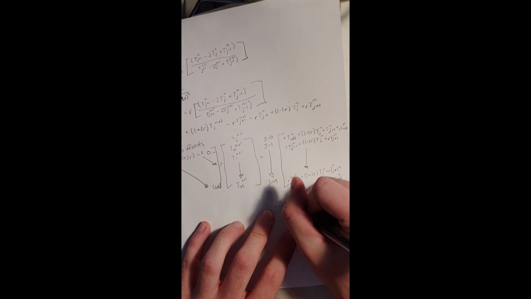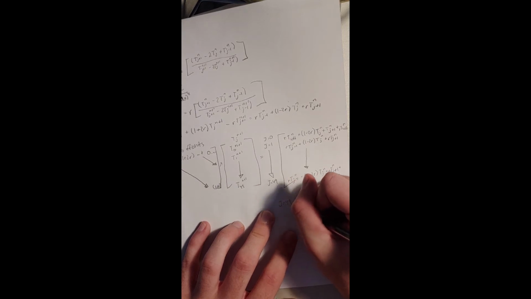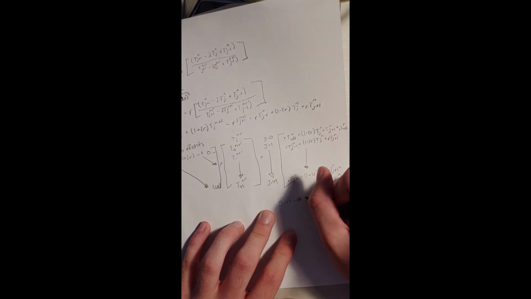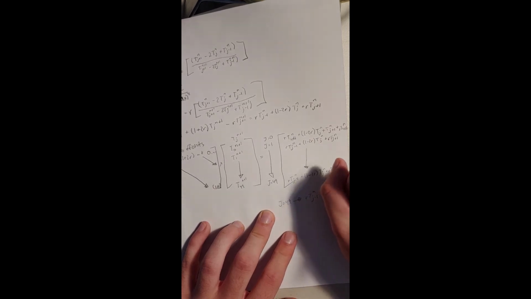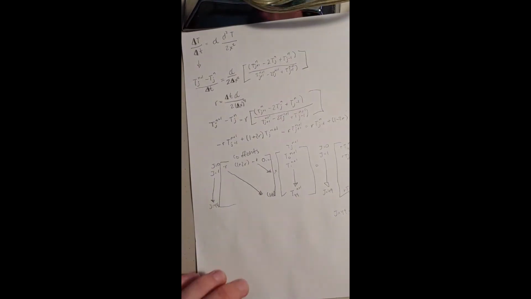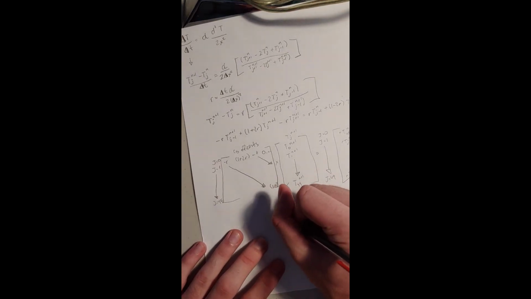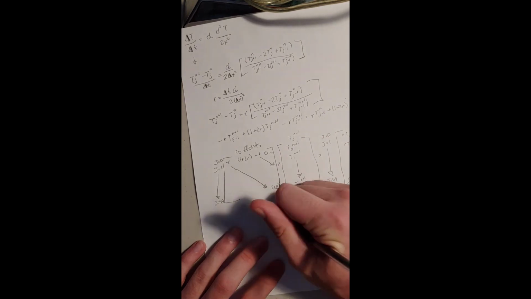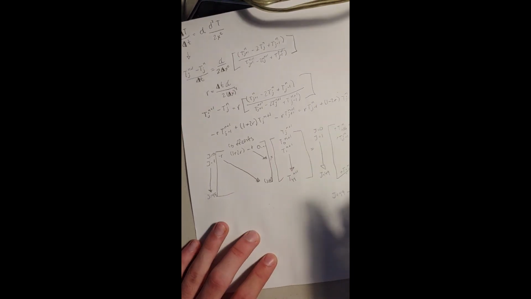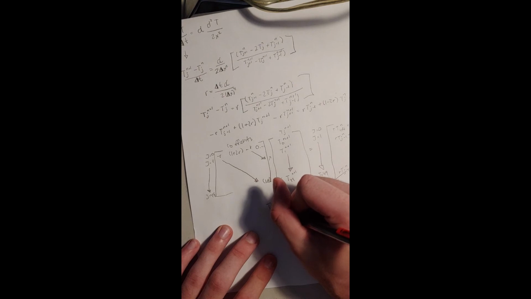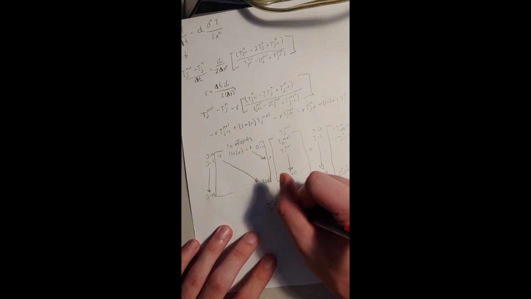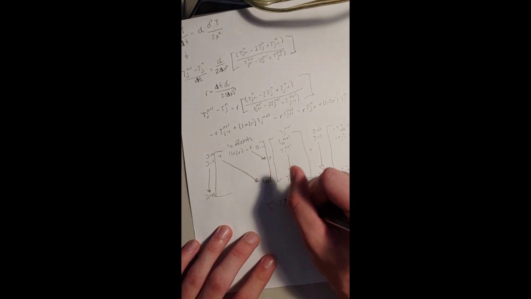So for j equals 49, we end up getting r T_(j-1)^n plus T_j^n. And then for T, oh, it should be a T. And then for T_j^n, it equals T_(j+1)^n.